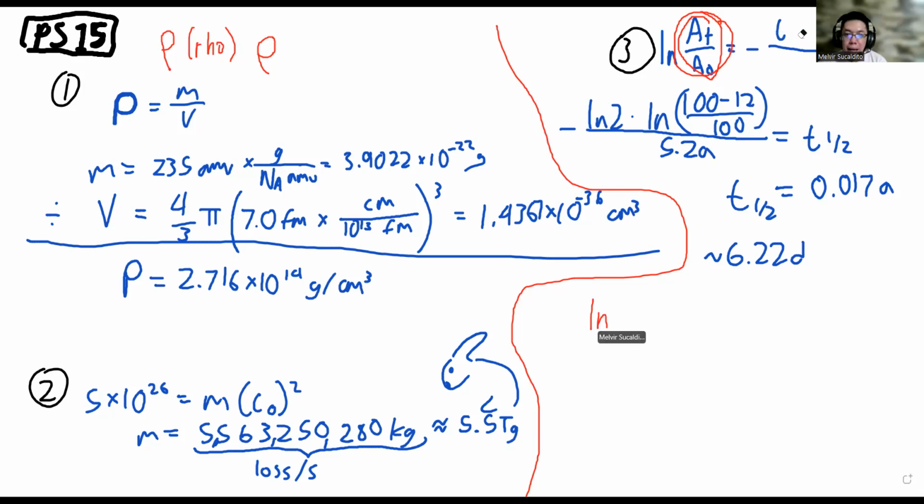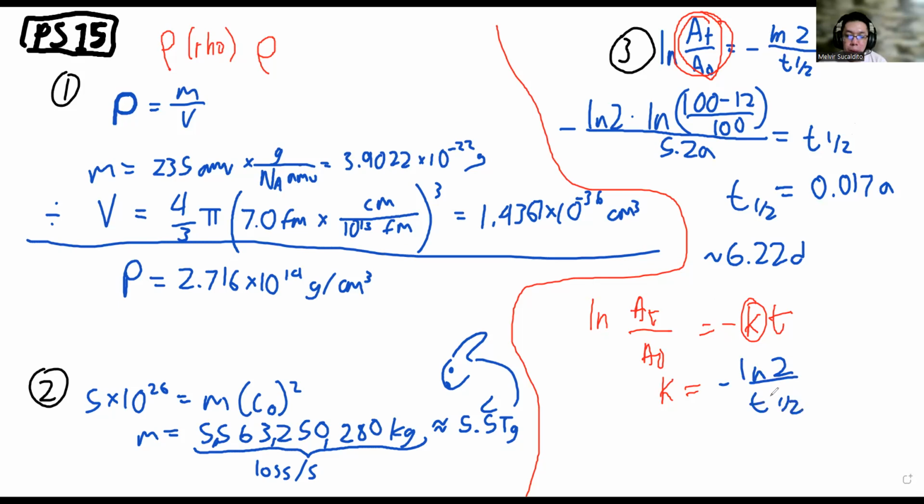Kasi baka dun ka mali eh. So, di ba, ln 80 over A0, this is correct, equals negative kt, right? But what is the formula of your K? K is equal to what? Okay. So, K is positive ln 2 over T1/2. Okay?